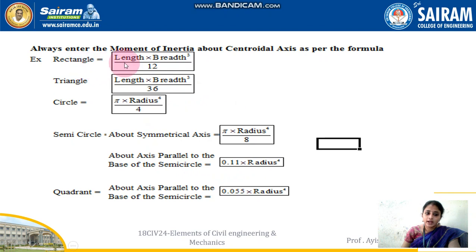For a rectangle you get bd cube by 12, for a triangle bd cube by 36, for a circle pi r power 4 by 4, for a semicircle pi r power 4 by 8. For a quarter circle it is the same, divided by 2 again: the semicircle answer 0.11 divided by 2 is 0.055 into radius power 4. We are just going to substitute these in the numericals.